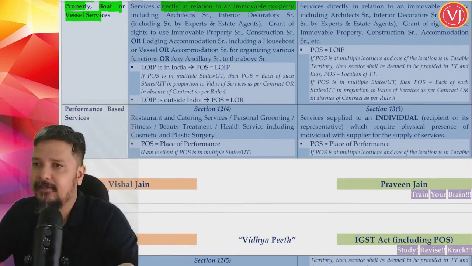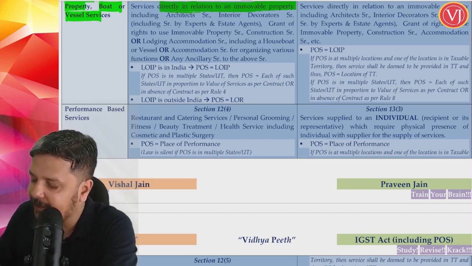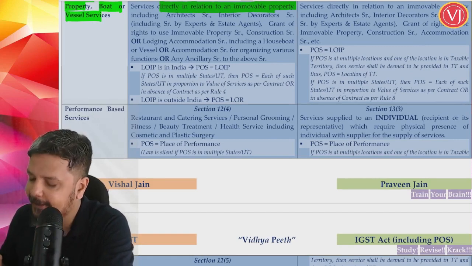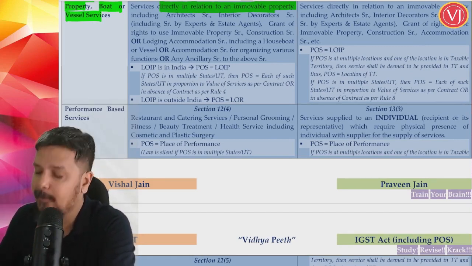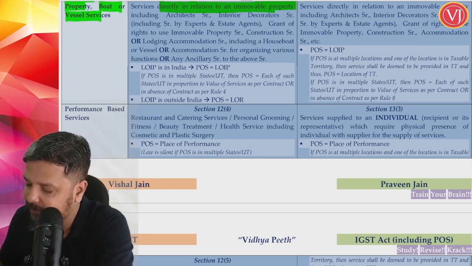These are only examples. They are all directly in relation to immovable property, starting from architect, interior decorator, estate agent services, expert services including surveyor, renting of immovable property, leasing of immovable property, construction services.